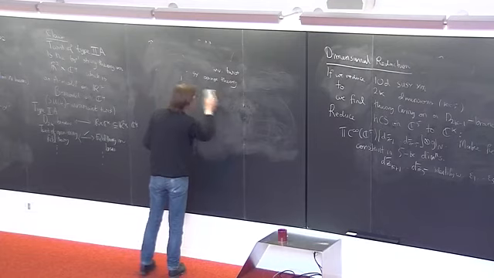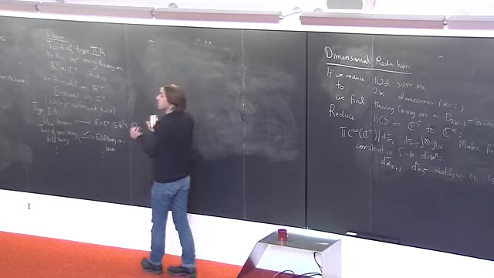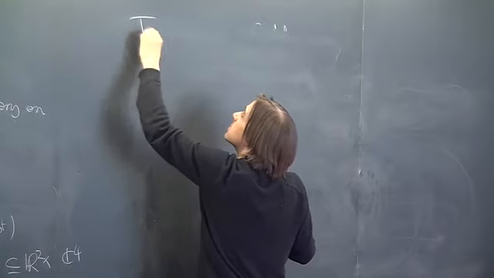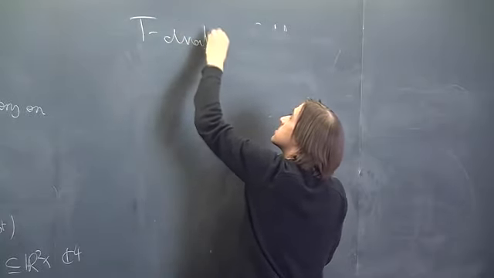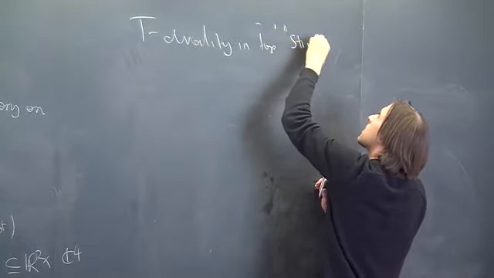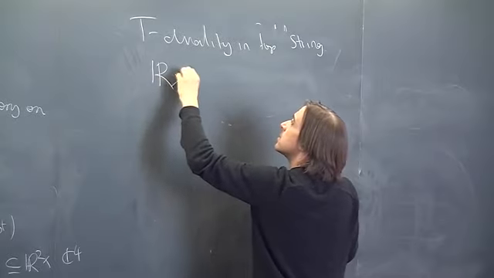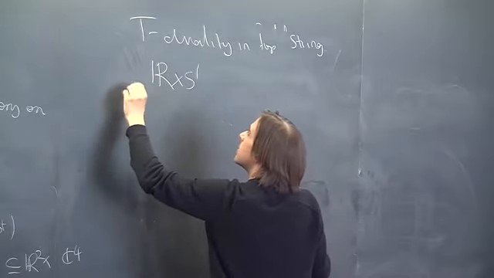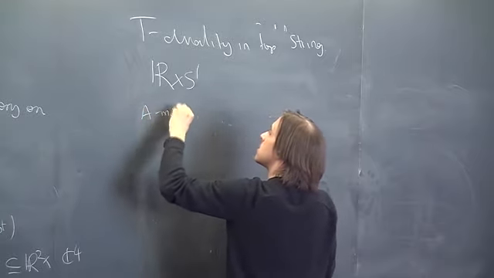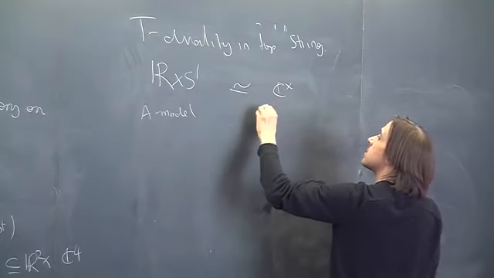Sorry, one last comment is that the pictures for 2A and 2B I've described, they're T-dual. There are T-duality results in the topological string, which say that the A model on R cross S1 is equivalent to the B model on C star.